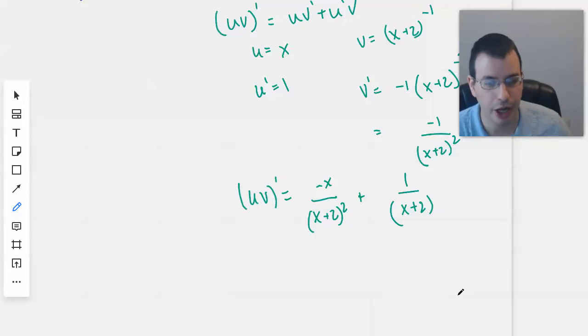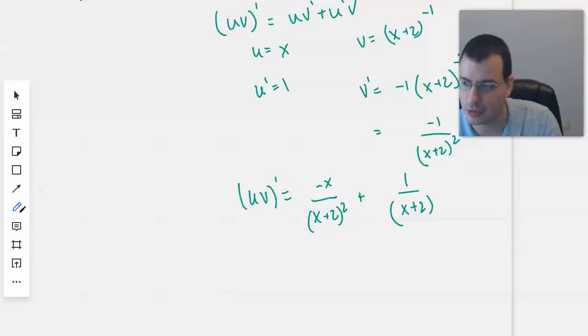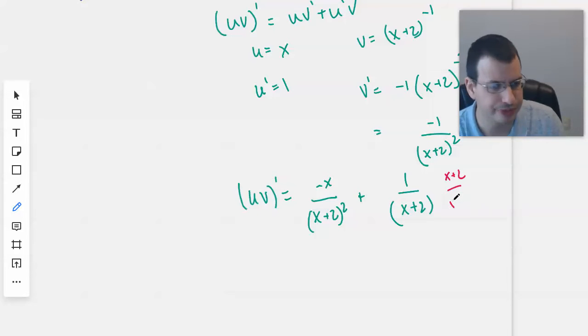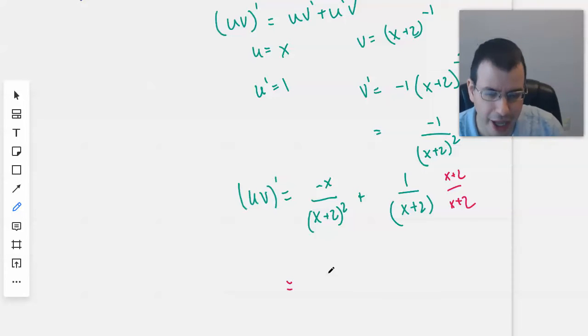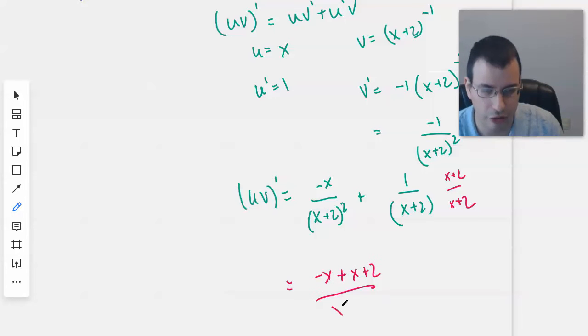I'm going to multiply the right side here by x plus 2 over x plus 2. I don't have to do this, but since I'm using it, it might be easier to have it all combined. So we'll have negative x plus x plus 2 all over x plus 2 quantity squared, which equals 2 over x plus 2 squared.